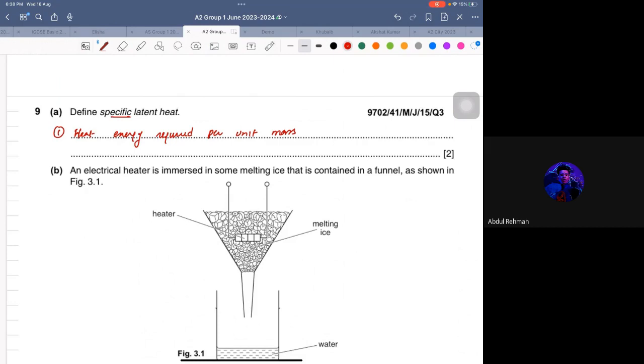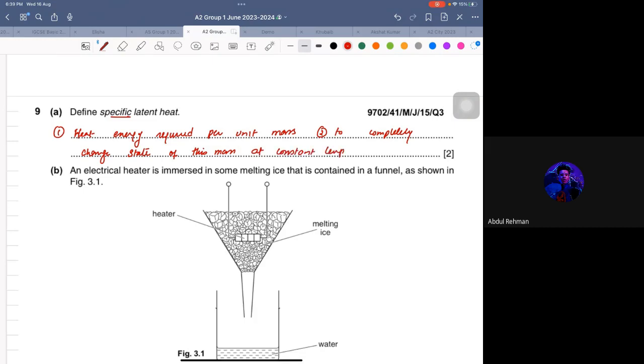And then you say that to completely change, so this is the second mark, okay? To completely change state of this mass at constant temperature.